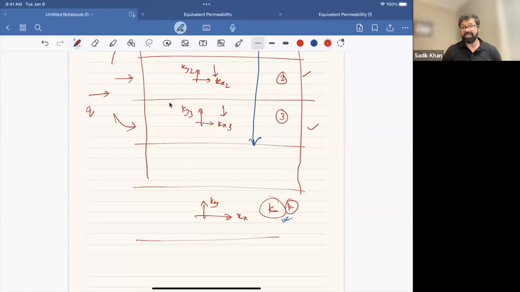We got the equivalent KH and equivalent KV. How do we calculate the K? Is it the root of KH squared plus KV squared?